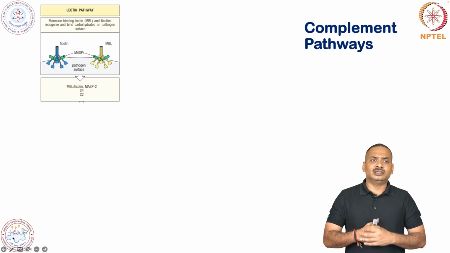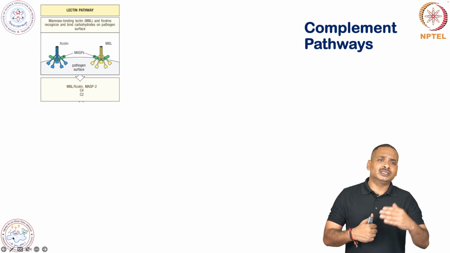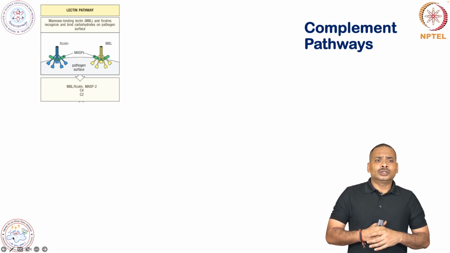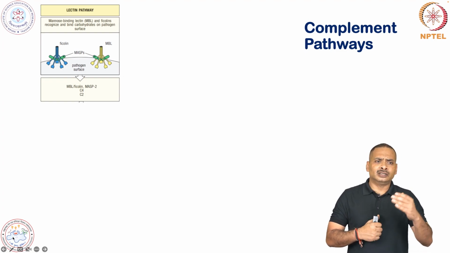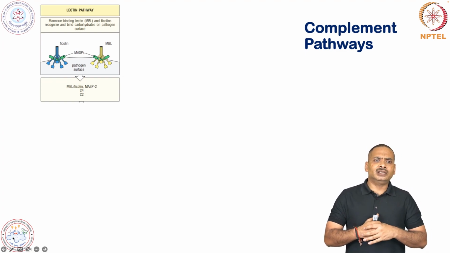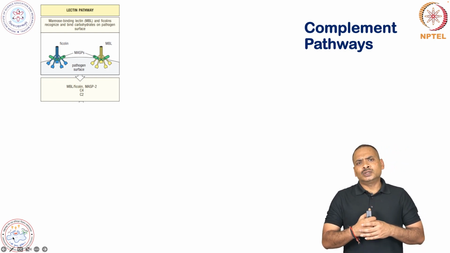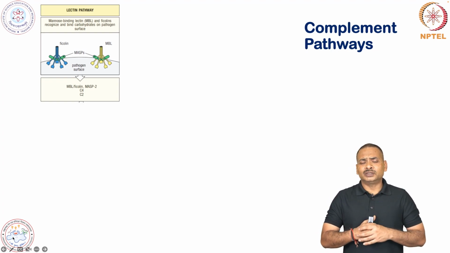So MBL can also activate the complement pathway, and we call this the lectin pathway. It can be triggered by various molecules like MBL and ficolins, and then it initiates the complement pathway.